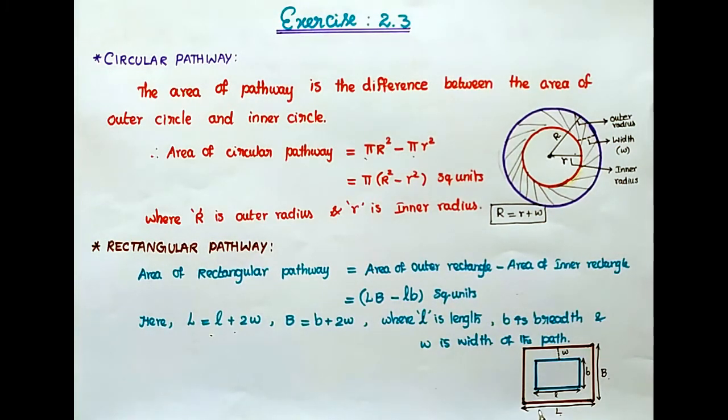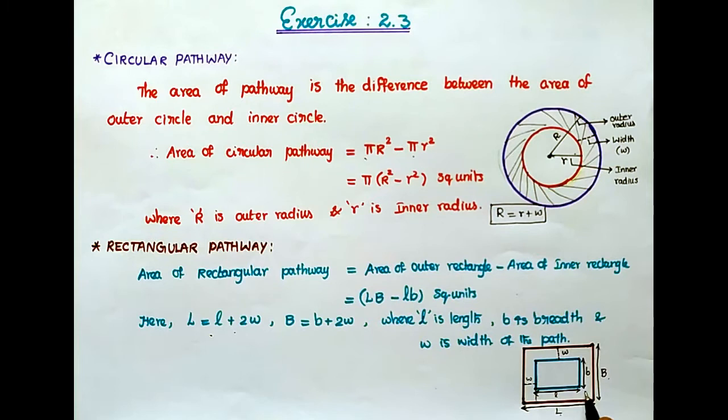Listen, width means around the rectangle, the extension is the width. Listen, that is W. Here also it is extended.